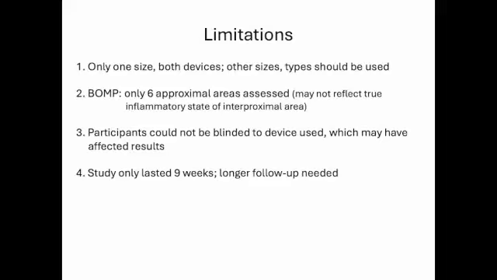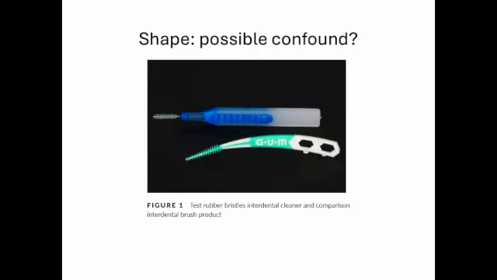And they said the study only lasted 9 weeks, so longer follow-up is needed. Actually, the treatment phase only lasted 4 weeks, I think, so a longer study would be good. I also wondered about the shape as a possible confound, because I think the rubber device that they used is more ergonomically going to be easier to curve around the tooth.